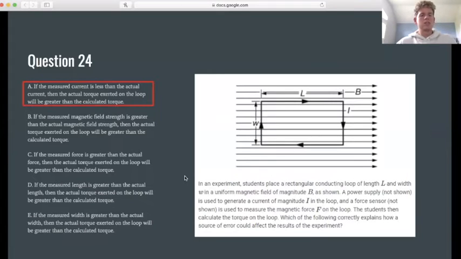If the measured current is less than the actual, the non-experimental torque is greater. But this is also kind of a reading question, just like a lot of multiple choice on the AP Classroom. Just make sure you're reading the right answer. But it's just thinking about how more or less current will affect the torque.